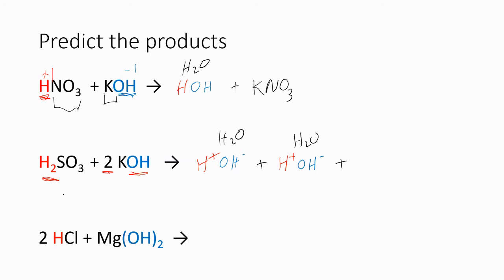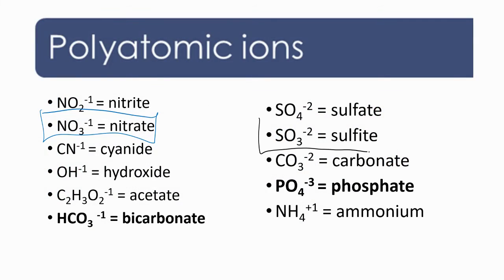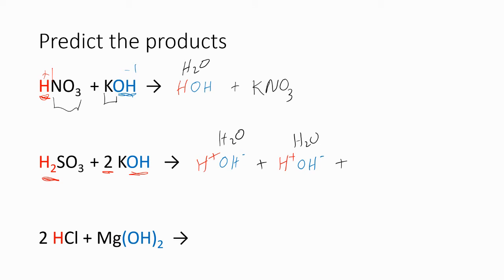So the potassium, just as before, has that +1 charge. The SO3, the sulfite ion, has a -2 charge. Because of that, it's going to take two potassiums to counterbalance that SO3 minus 2.